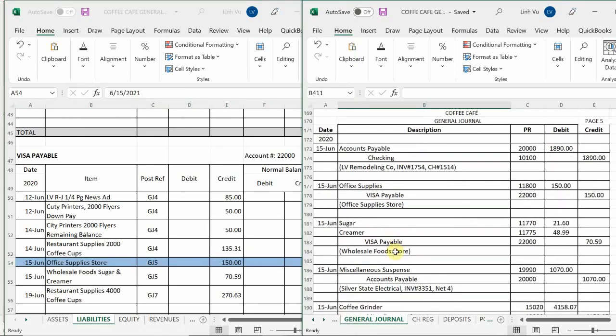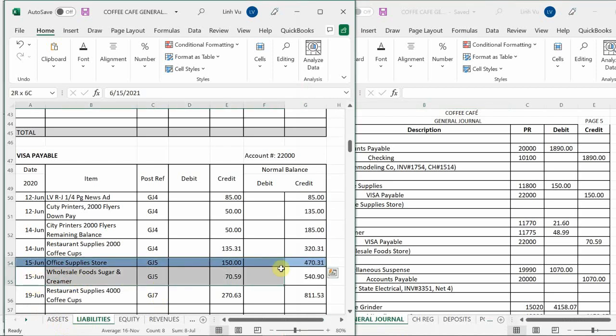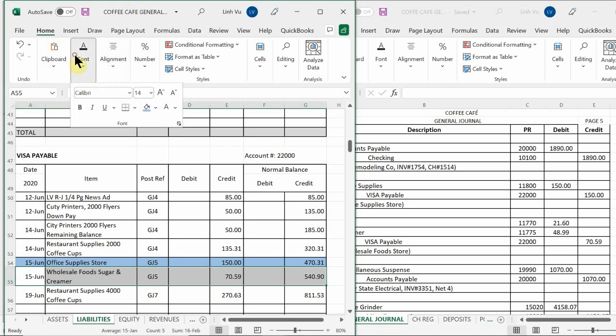Next transaction, we have sugar creamer and Visa payable. Okay, sugar creamer for Visa payable. So here's Visa payable for the sugar and creamer. For $70.59.